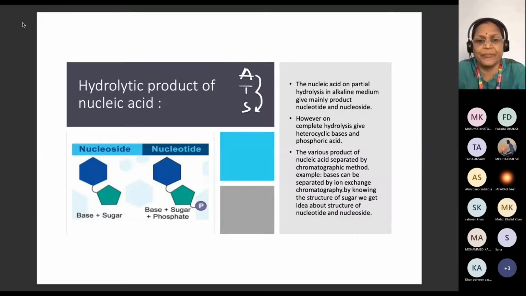Can anybody repeat? Not like that: nucleic acid on hydrolysis gives nucleotide, which on hydrolysis gives nucleoside.